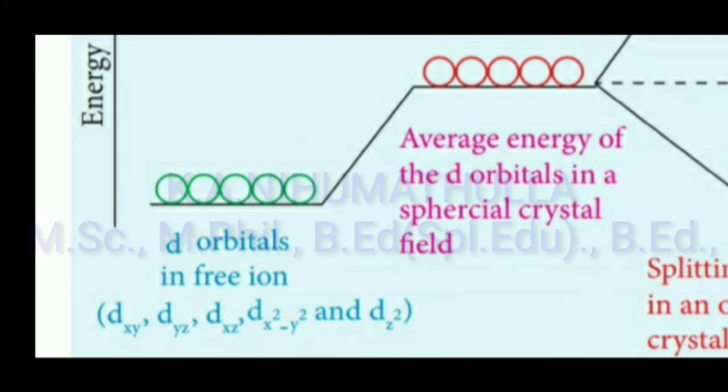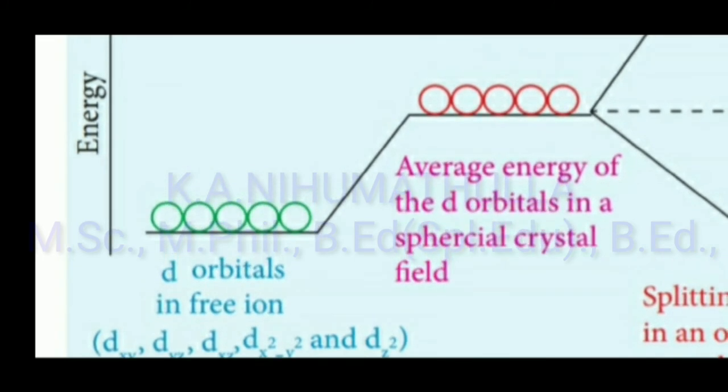When the ligands approach the central metal ion in octahedral complexes, if all the ligands are monodentate ligands, the ligands form a spherical field around the central metal ion. Initially, there is a repulsive force between the electrons in the ligand and the vacant d orbital.